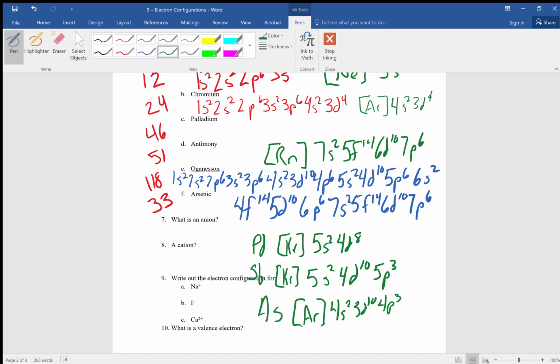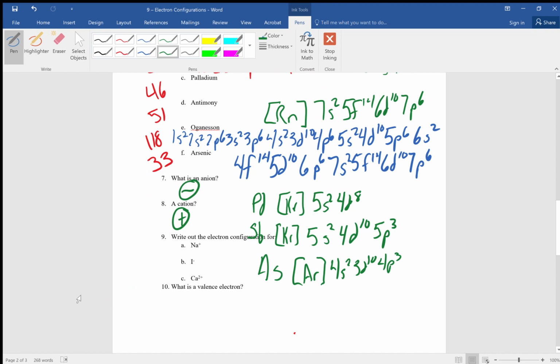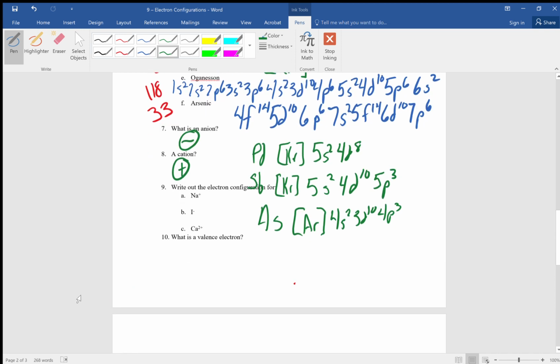Now, how do ions affect this? So we should hopefully remember an anion is a negative ion, and a cation is a positive ion. Well, remember for ions, we change the number of electrons. So if we have sodium plus, how will that be different from sodium? Well, sodium, we could do its configuration 1s2, 2s2, 2p6, 3s1.